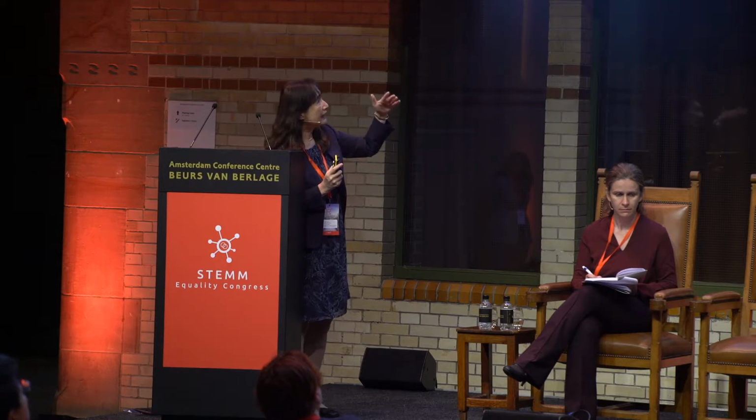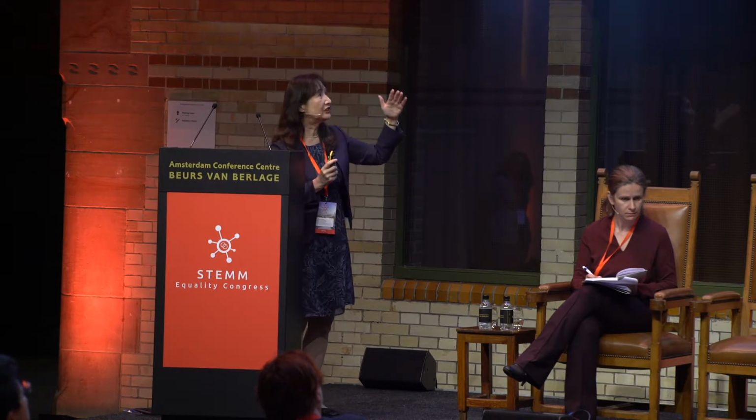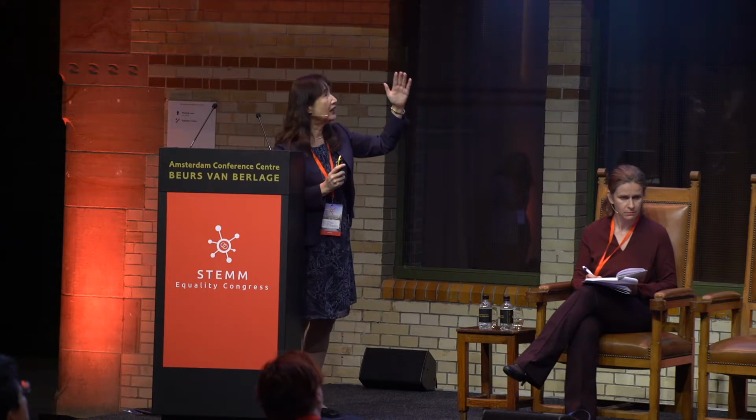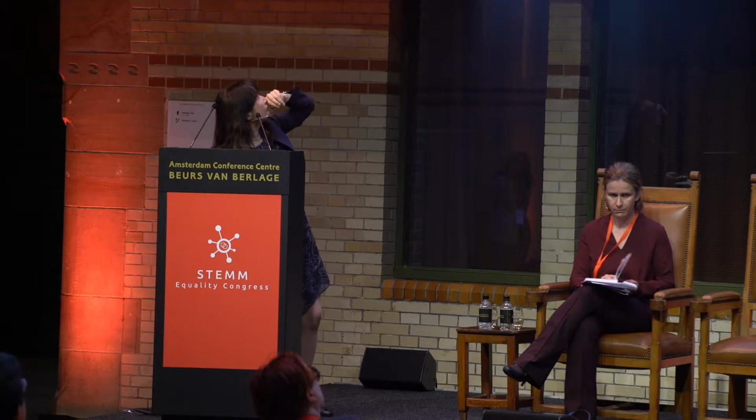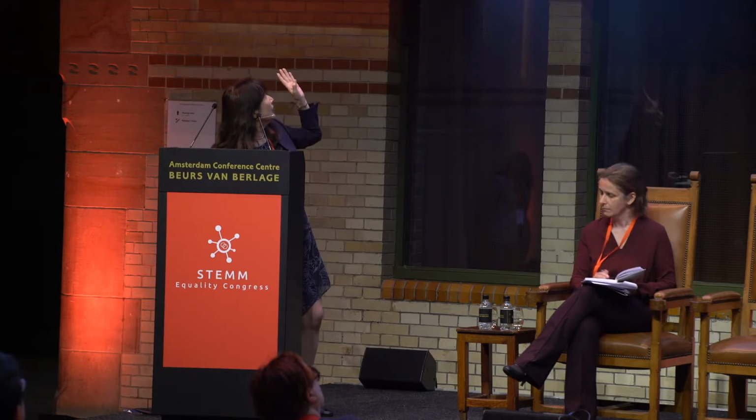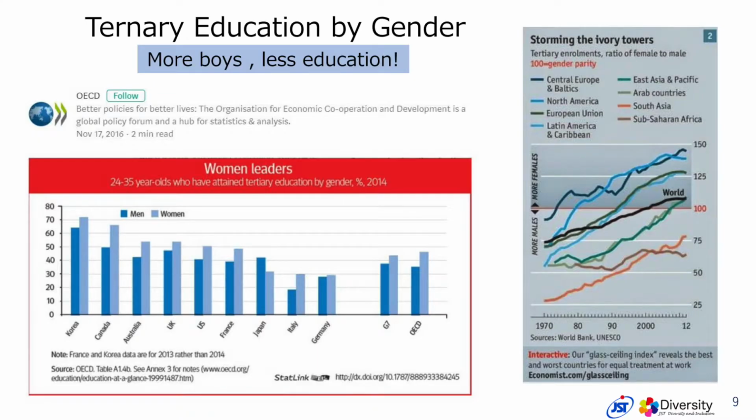And in any region, the ratio is increasing. And the world average is more than 100. That means more girls take tertiary education than boys now in the world. Look at these figures. This shows the ratio of men and women aged 25 to 35 who took tertiary education.